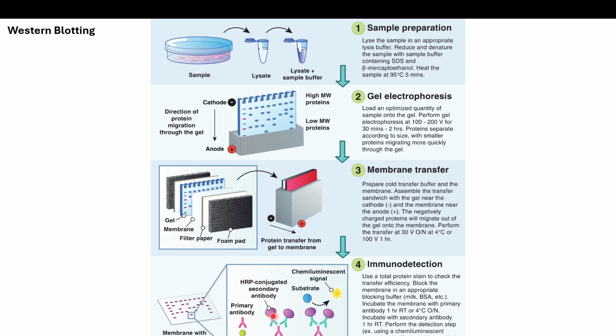Antibodies are either conjugated to some other substrate. Eventually, that substrate is broken down by enzymes, and you will see a chemiluminescent signal, or you have some fluorescent signals. Different kinds of signals can be there. However, eventually from that signal you will be able to detect your protein of interest on the membrane. Okay, so the immunodetection is the same. However, there is an additional step of membrane transfer after SDS PAGE.